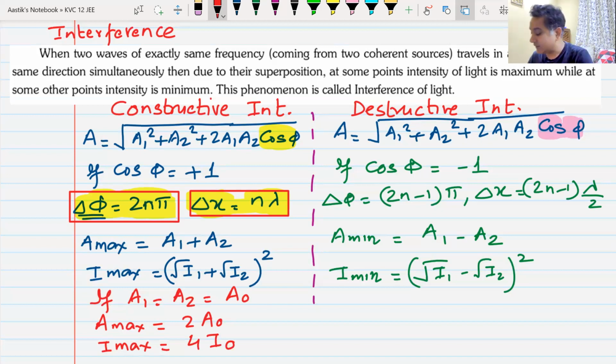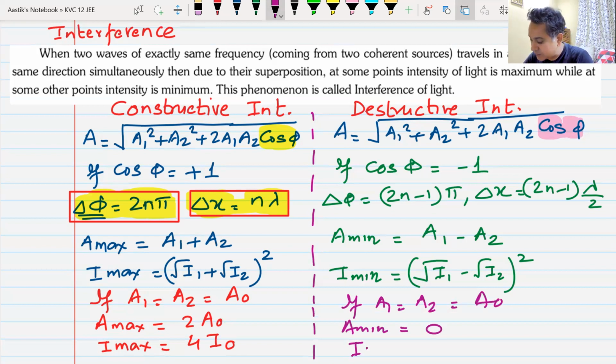Okay. Let us move our attention to the other gentleman here. If A1 equals A2 is equal to A0 here, what will be your minimum intensity? Minimum amplitude will be 0, and minimum intensity will be 0. So you will have very sharp interference.